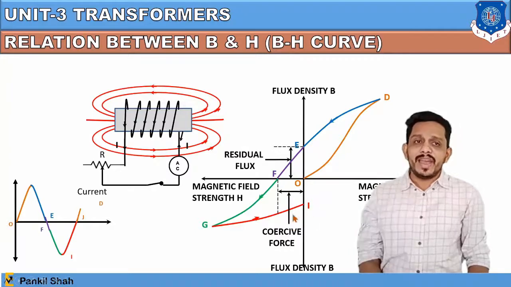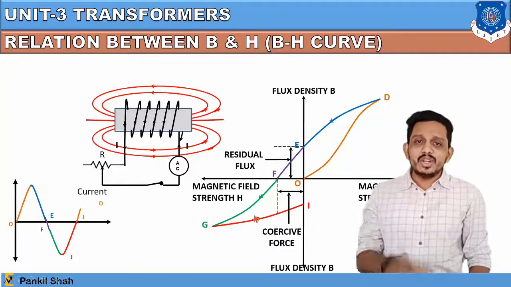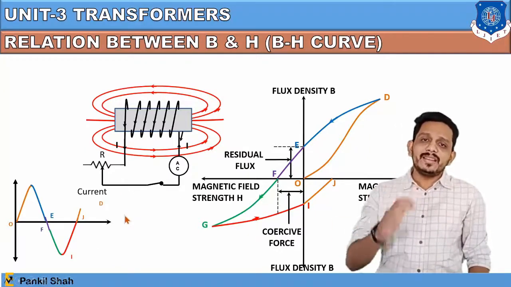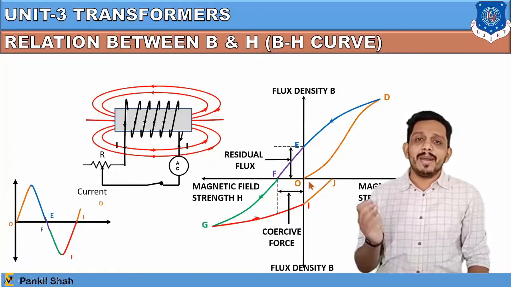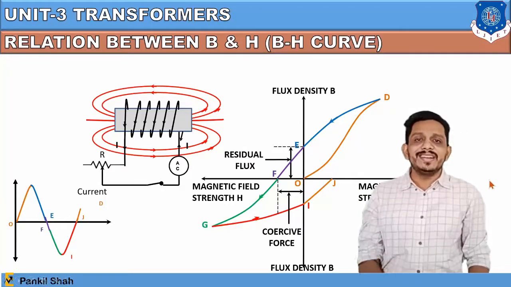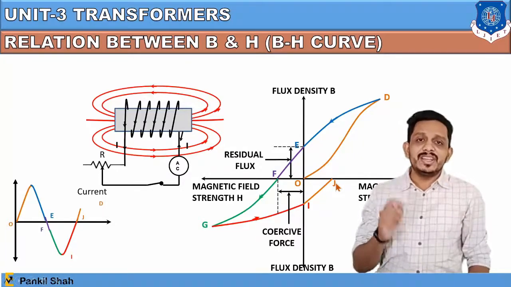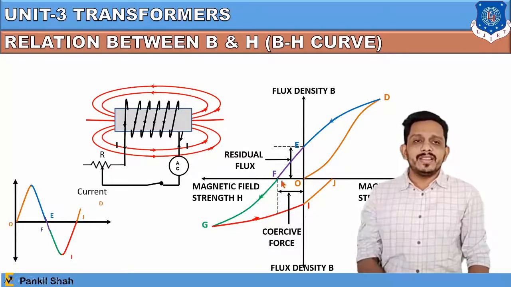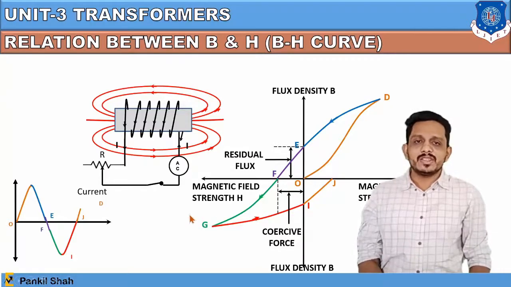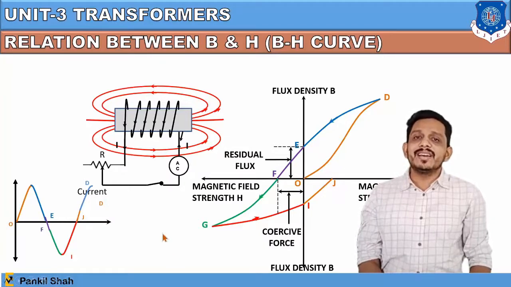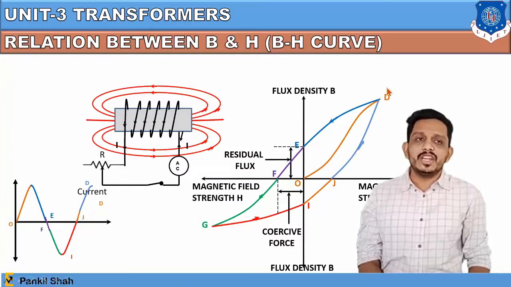Again, if you want to cancel this residual magnetism, you have to apply the current again in the positive direction. If you apply the current in the positive direction, then the magnetic field will start increasing in the opposite direction. But this I to J magnetic flux density is only used to nullify the effect of residual magnetism. And again, if current is increased in the positive direction, then the graph will continue from J to D.